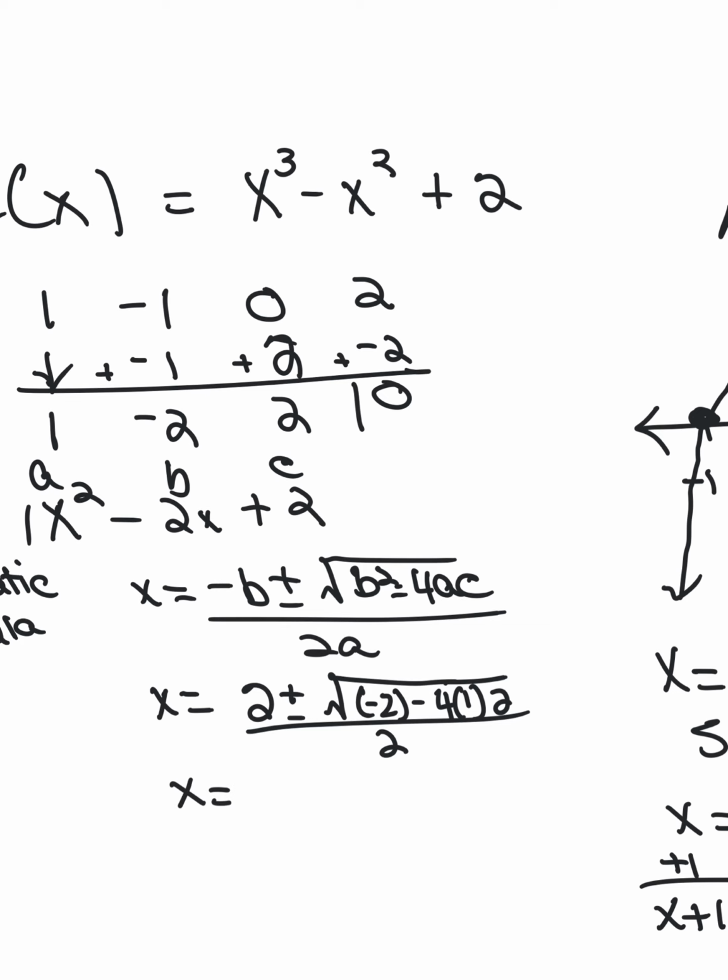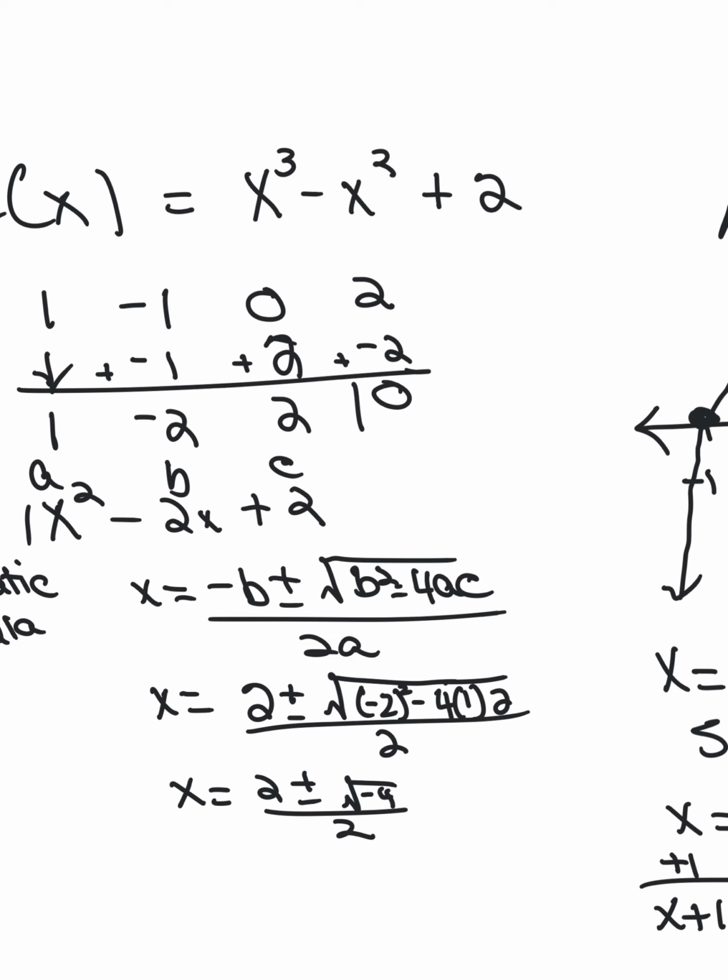I'm doing x equals 2 plus or minus the square root of 4 minus 8, which would be the square root of negative 4, over 2.